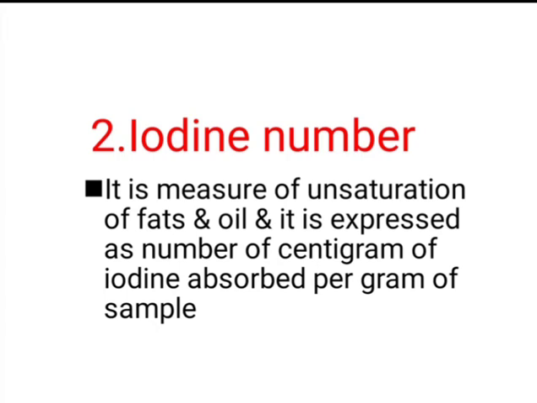So, simply, iodine number or IN is a measure of unsaturation of fats and oils, and it will be expressed in the number of centigrams. So, what does centigram mean? Centigram of I2 is equal to 1 gram of sample. Therefore, centigram is equal to percentage divided by the weight of I2 which is absorbed.